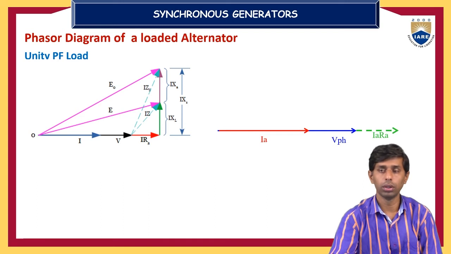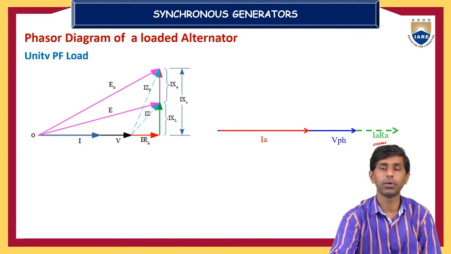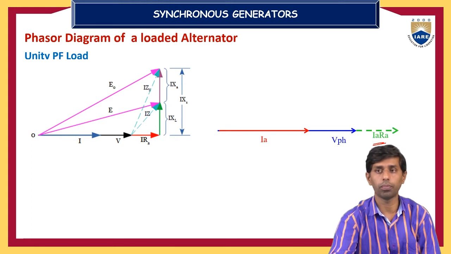The drop due to winding resistance, IARA, is along the phase of V, since it is a resistive load and the current is in phase with V. Obviously the winding resistance drop is also in phase with IA.